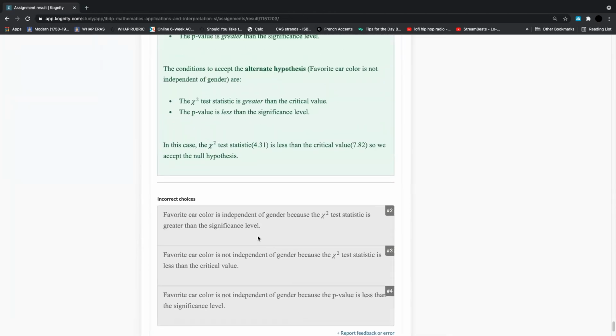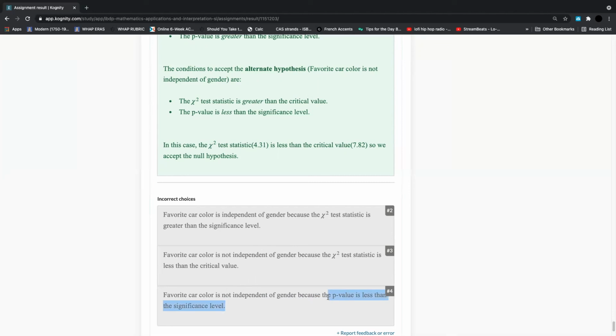Favorite car color is not independent of gender because the p-value is less than the significance level. So since we have come to the conclusion that they are independent because there is no relationship, these are two contradicting statements.